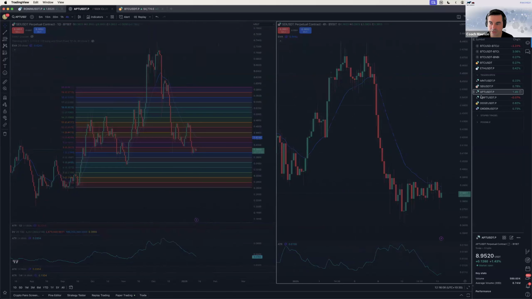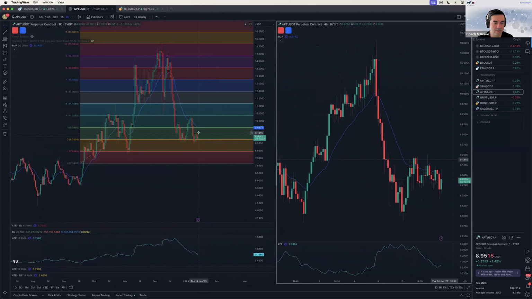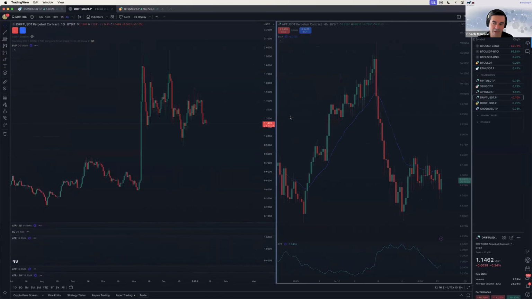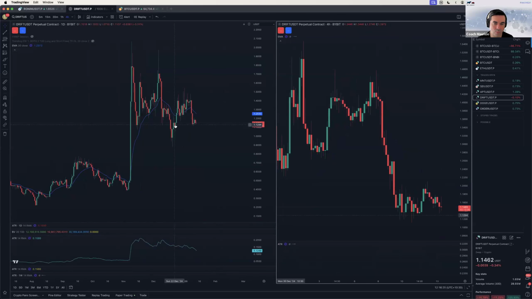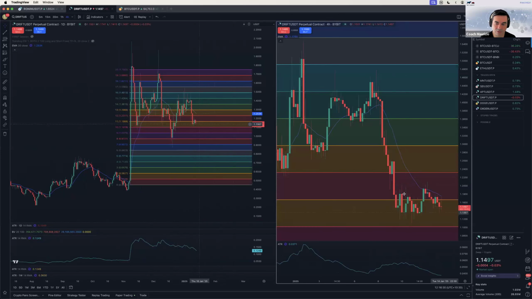We are up a lot on this trade. APT is losing momentum, so I might not even get into it. Drift seems like this is the new level, 1.12. It seems like people have accepted this level as the new price on Drift. So who knows, maybe we might try a second go for Drift.